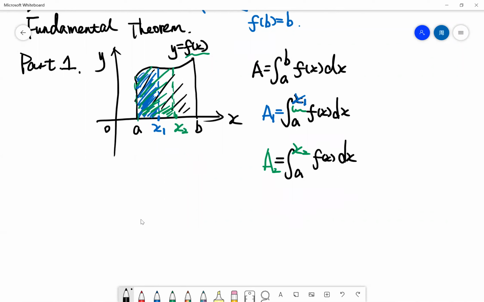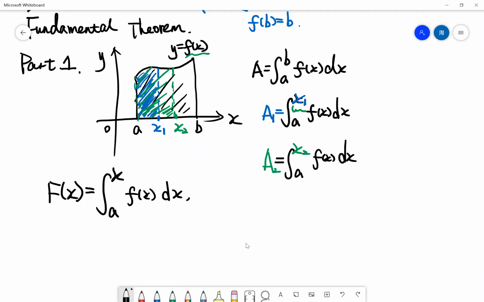And that function, sometimes we use this symbol, or I write an easier one here, capital F, that equals from A to x, f of x dx. And here, x is from a to b.